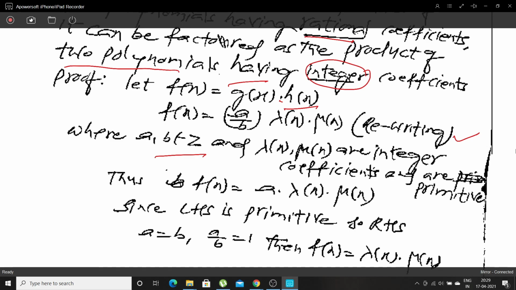When we rewrite g of x into h of x, we get a by b into lambda of x into mu of x. Both lambda of x and mu of x have integer coefficients and they are primitive. Primitive means the GCD of the coefficients is 1.